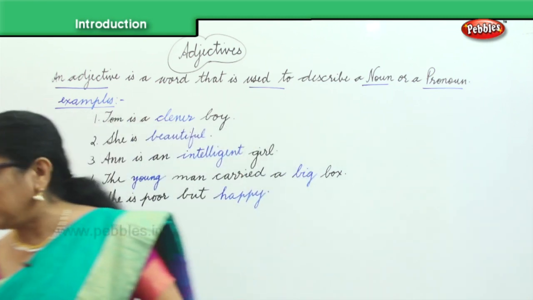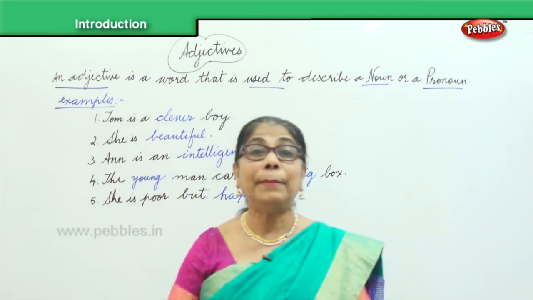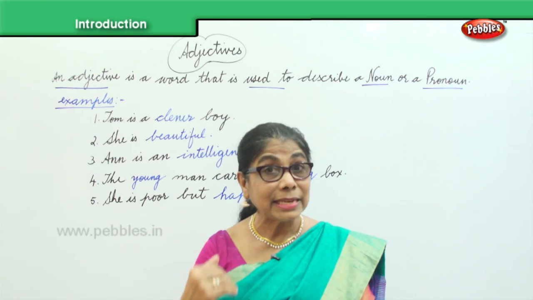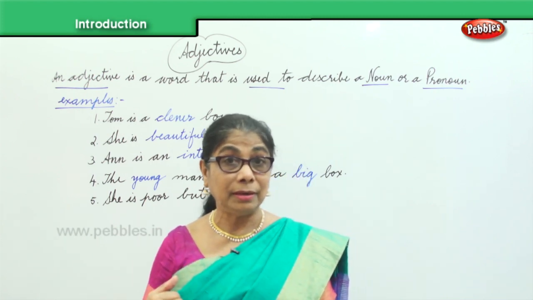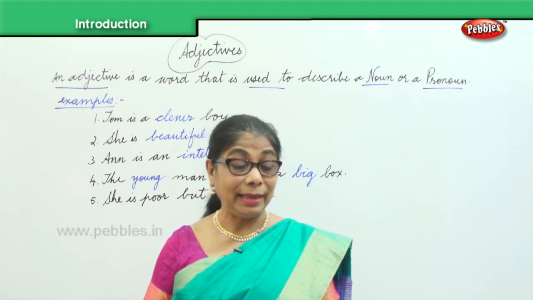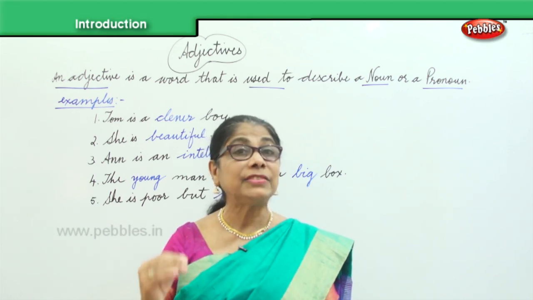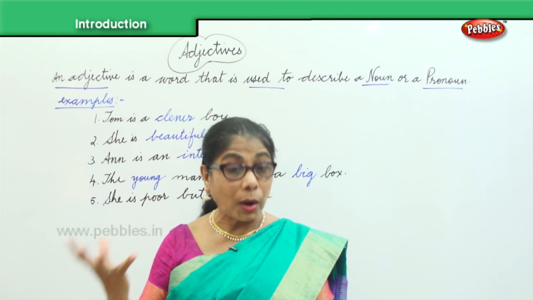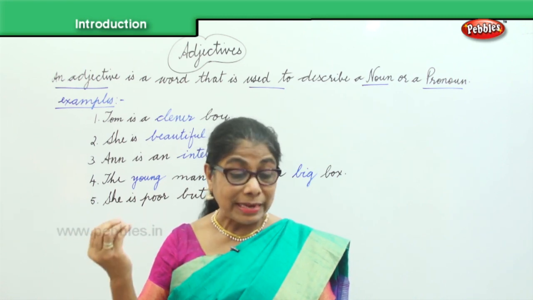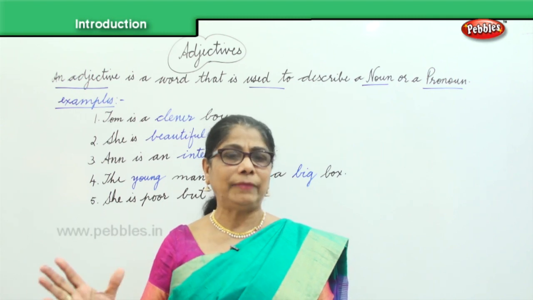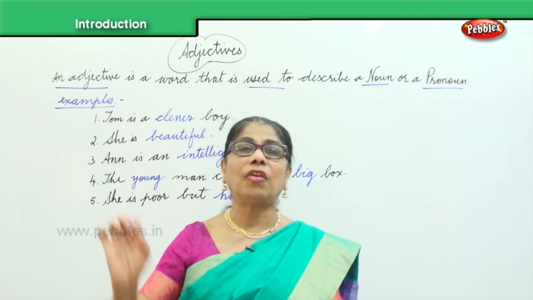Then, as I said, we have about 6 parts. So next we are going to see the 6 parts of the adjectives. What are they? They are adjectives of quality, adjectives of quantity, how much? Quantity, adjectives of number, distributive adjectives, demonstrative adjectives, and interrogative adjectives.